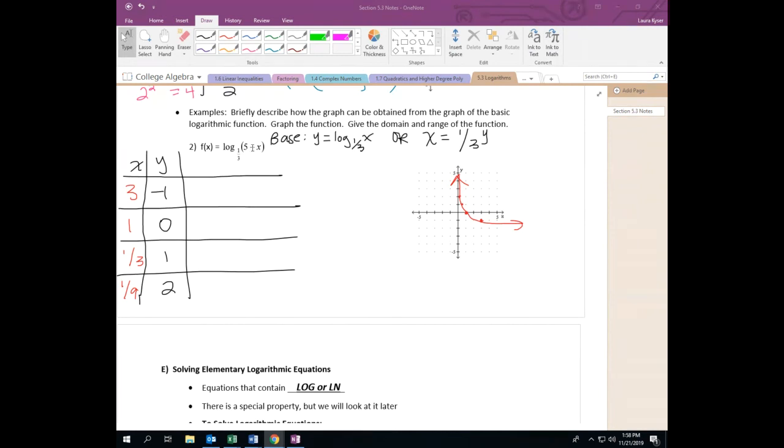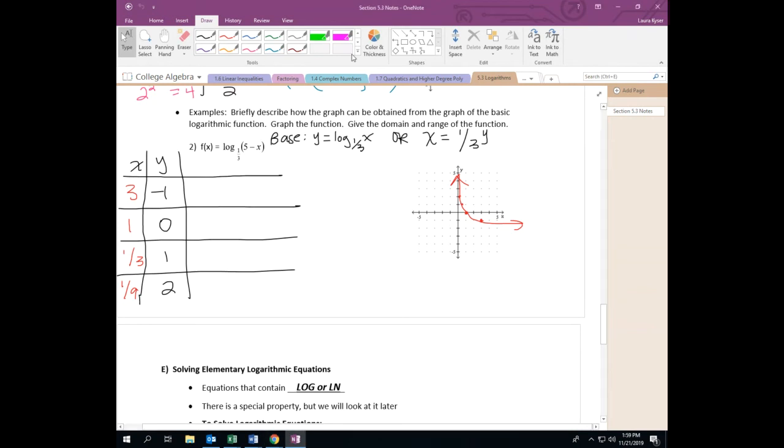I took out the 5 and the negative, 1/3 is the base, and I just made it a standard log equation. Then I rewrote it as an exponential so that I could do the graph like we did in the last example. I plugged in some points for y and got some points for x so that we could start here and then work our way through the translations.